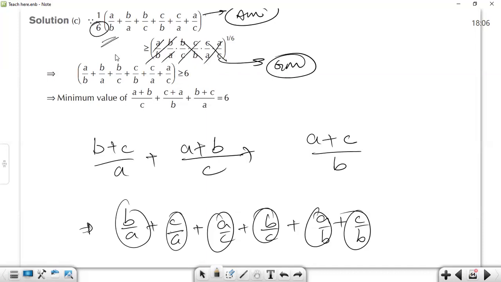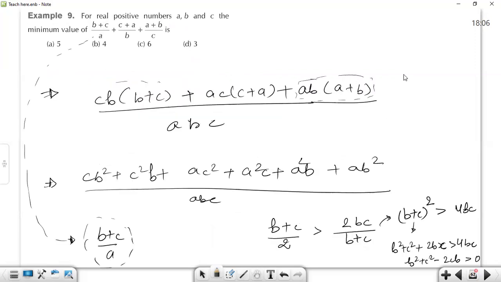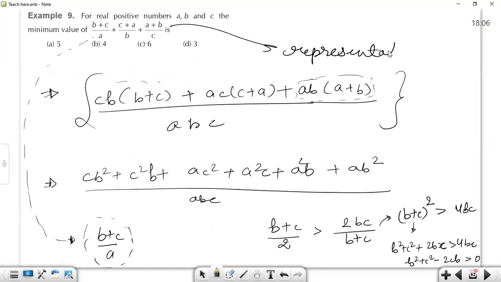So now they are able to find its minimum value. What we were missing earlier is that we didn't represent it correctly. It was a tricky question based on observation. Understood? Yes, sir.